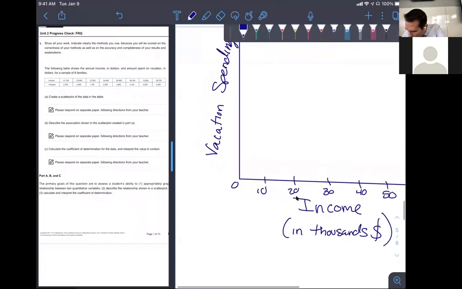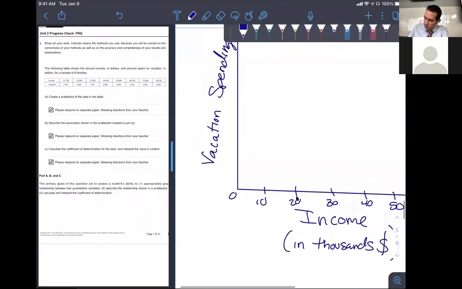What's the largest? It's like 98. And the largest amount they spend is $5,100. So on the vertical axis: 1,000, 2,000, 3,000, 4,000, 5,000. I've posted all of the solutions in that same folder if you want to check our work compared to what College Board thinks you should answer.